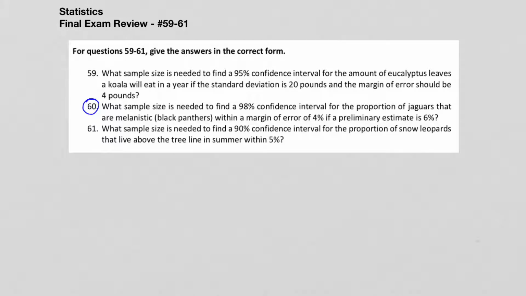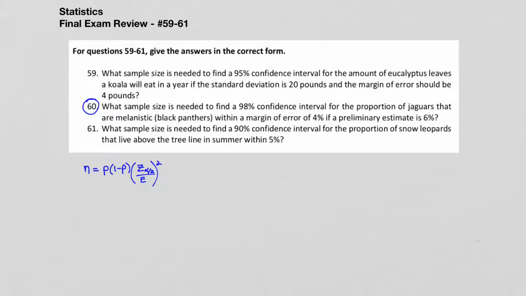Let's take a look at question 60. In this problem, we're asked what sample size is needed to find a 98% confidence interval for the proportion of jaguars that are melanistic within a margin of error of 4% if a preliminary estimate is 6%. So in this case, we'll use another of the formulas from the front of the exam.